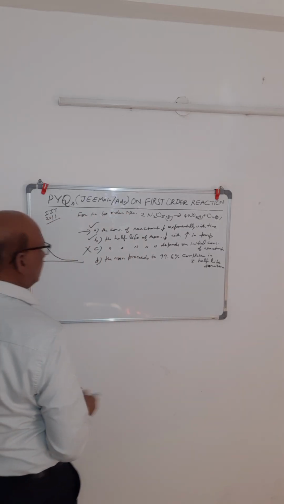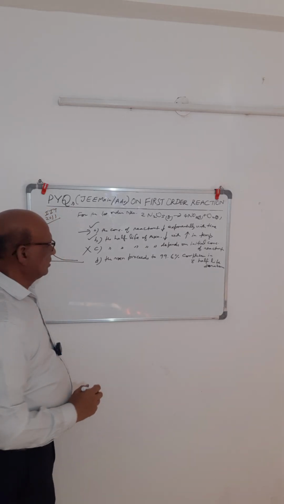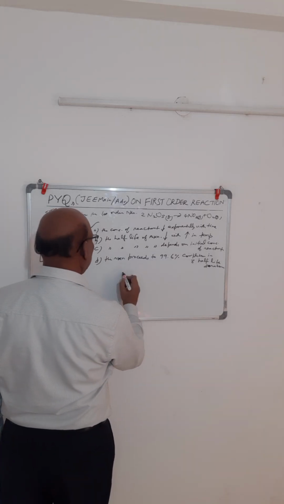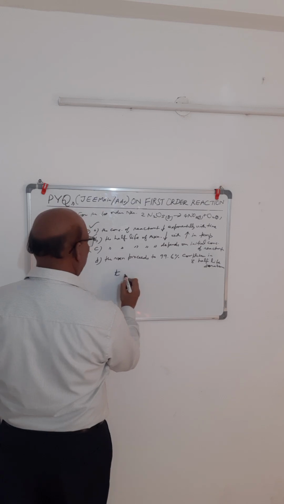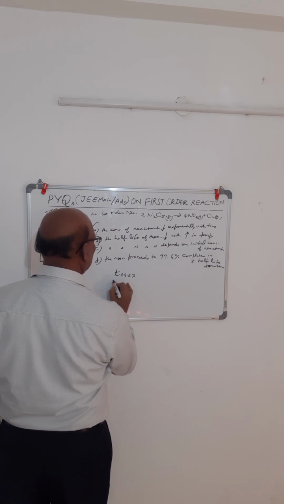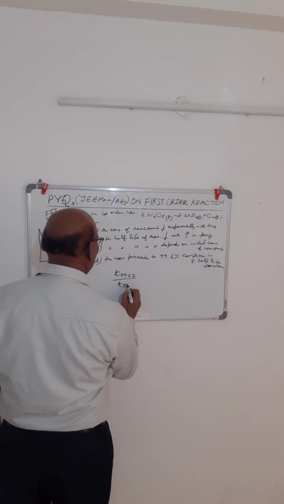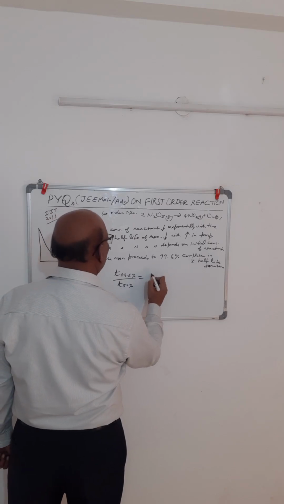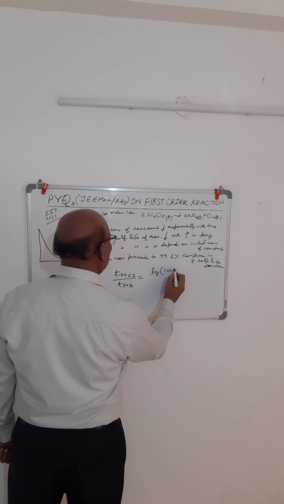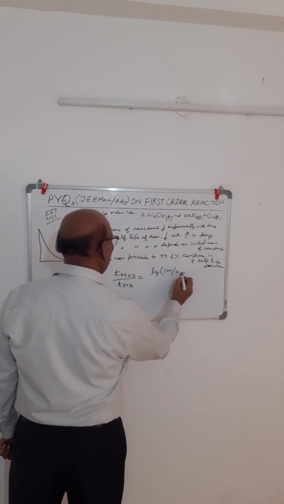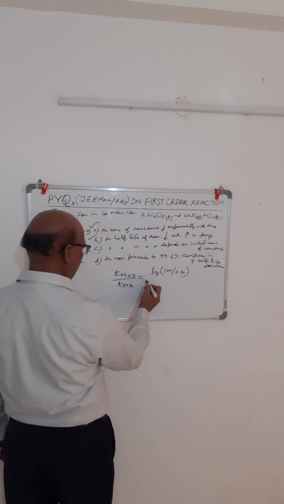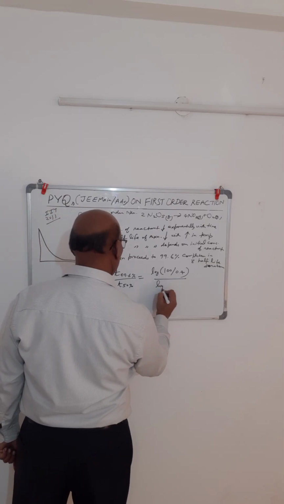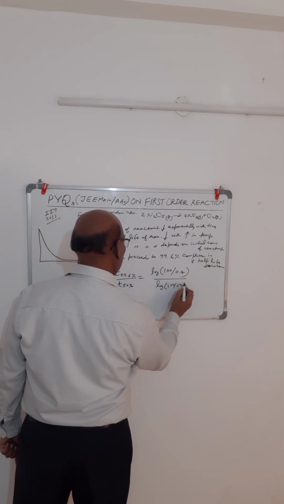Now we have to see the fourth option, whether it is correct or not. This says that the reaction proceeds to 99.6% completion. So for this we find the time. We know that time required for 99.6% completion divided by time required for 50% completion, that is the half-life, can be written as log of, suppose initial concentration is 100, then 100 divided by 0.4, the remaining concentration, divided by log of 100 divided by 50.